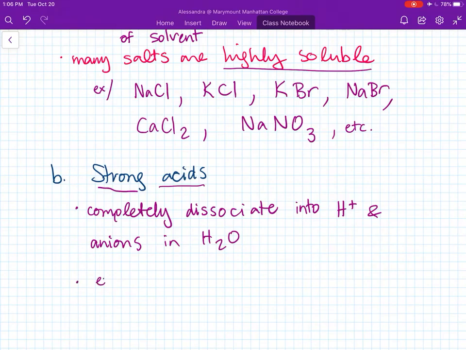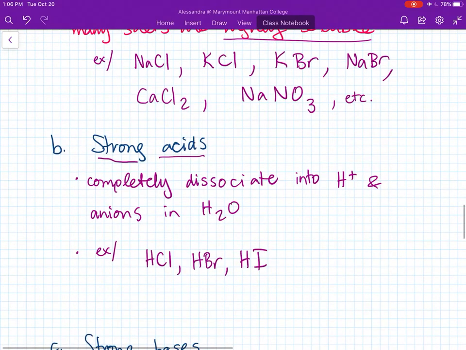There are lots of examples of strong acids, and you should know them all. HCl, HBr, and HI. So hydrochloric acid, hydrobromic acid, and hydroiodic acid are strong acids.